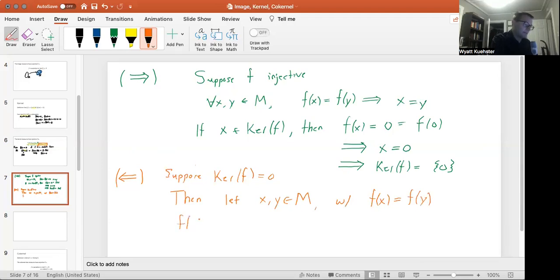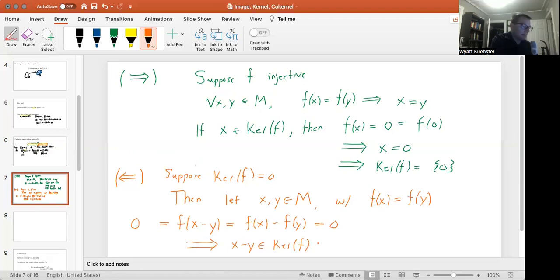But because f is an R-module homomorphism, take f of x minus y, and this equals f of x minus f of y, which equals 0 because they're the same. And so f of x minus y equals 0. But f of x minus y equals 0 means that x minus y is in the kernel of f.